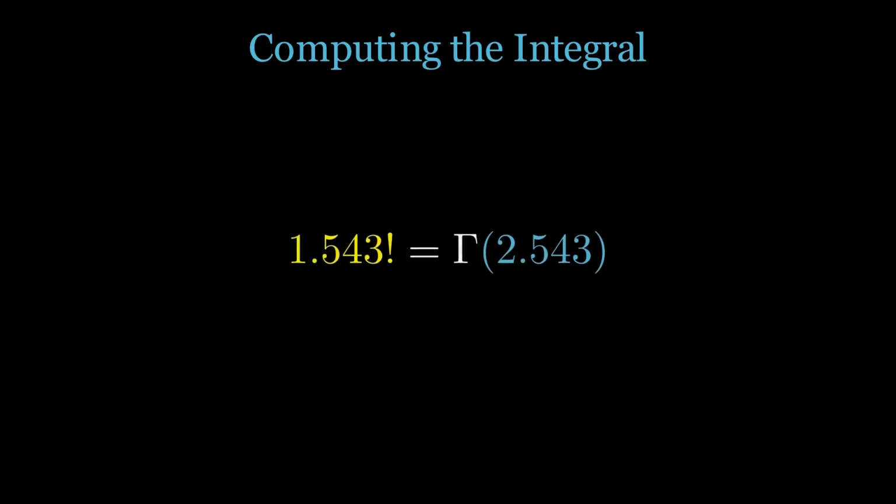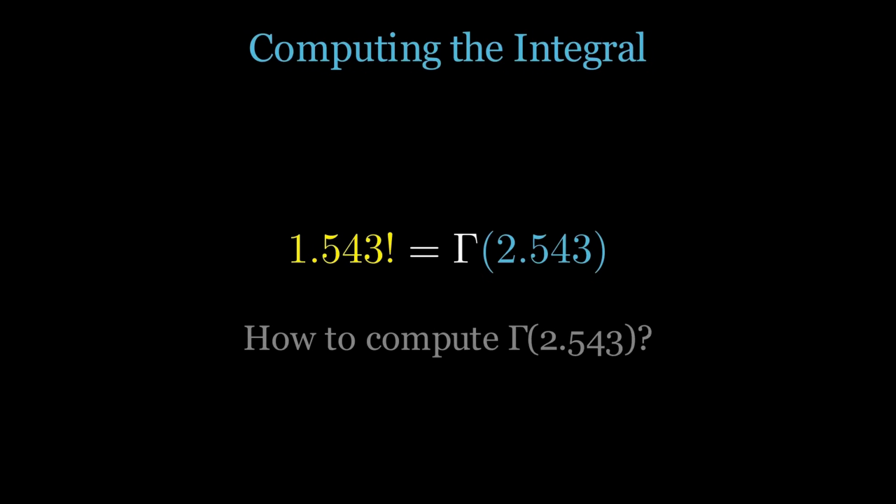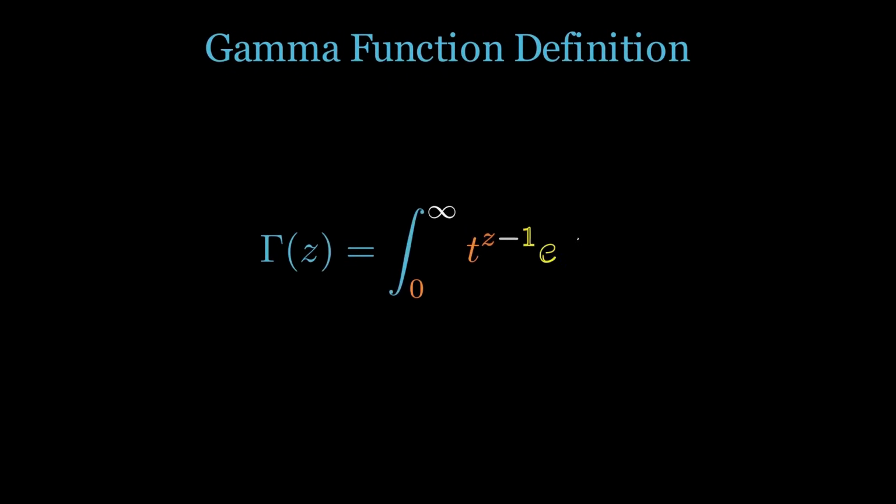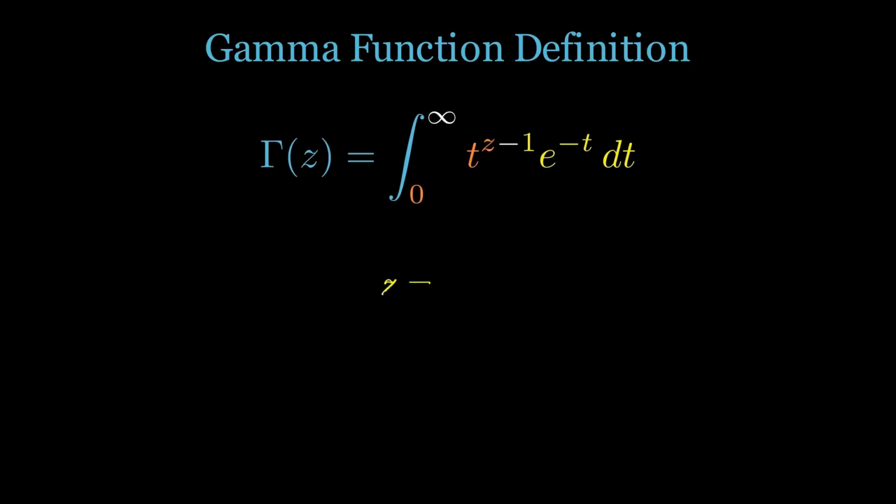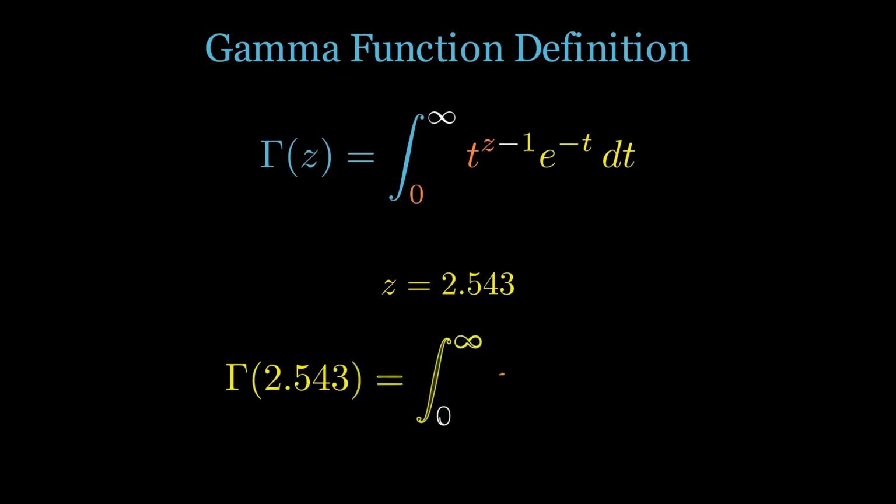We already found cosine of i is about 1.543, so the expression becomes 1.543 factorial, which we define as gamma of 2.543. And gamma is literally an area. Gamma of z equals the integral from 0 to infinity of t to the z minus 1 times e to the negative t dt. Now plug in z equals 2.543.